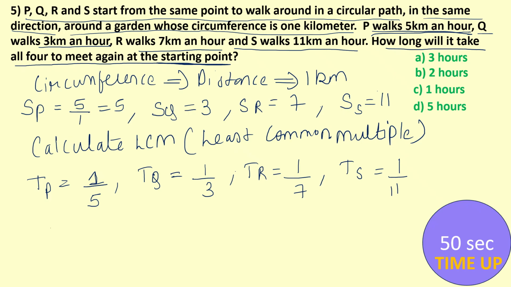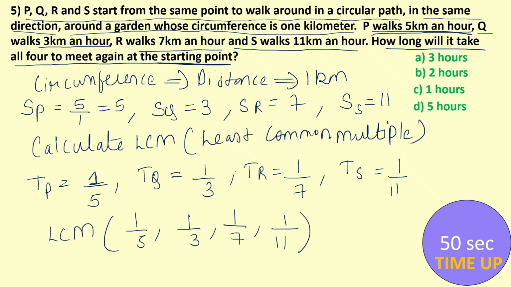So when you take the LCM of 1 by 5, 1 by 3, 1 by 7 and 1 by 11, you'll get the LCM as 1. So the time taken by all four of them to meet at the starting point is 1 hour.